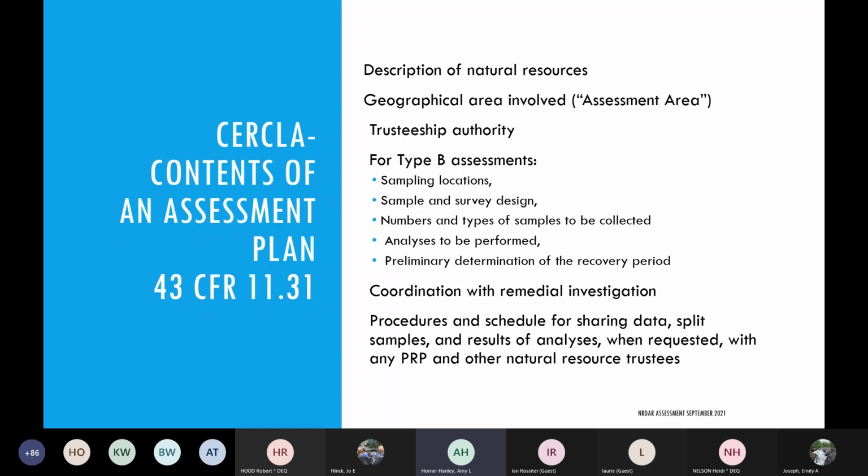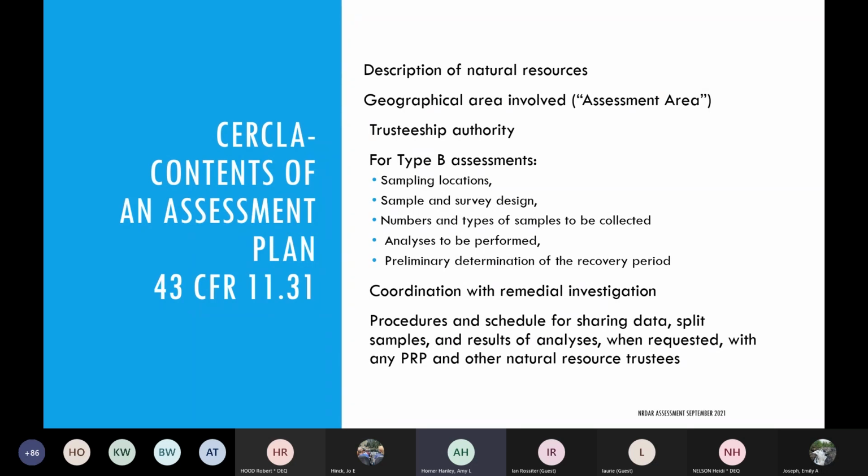The timing of an assessment plan in CERCLA is earlier in the process, right? You've already done your preliminary assessment screen and determination, your PAS, and you've issued your notice of intent to conduct a natural resource damage assessment in the CERCLA regulations.